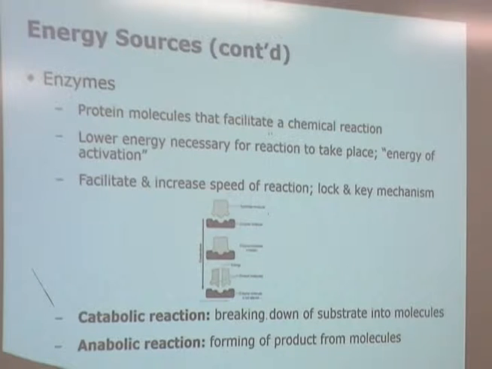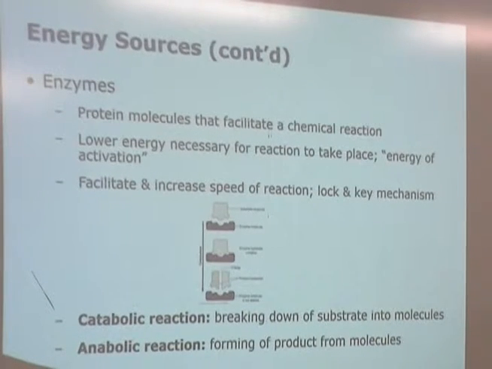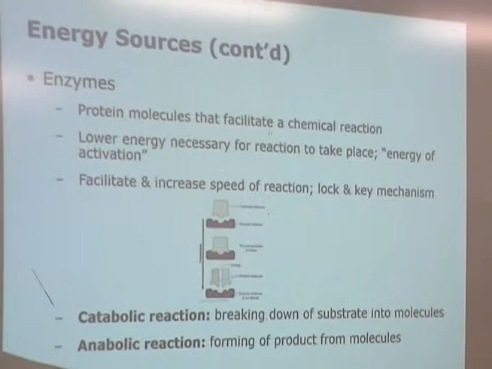Okay, so I've got carbs, I've got fats, I've got proteins. I've eaten these food sources, and I'm going to break them down for energy. We have enzymes, another kind of molecule that facilitates getting at the energy that's stored in these foods.